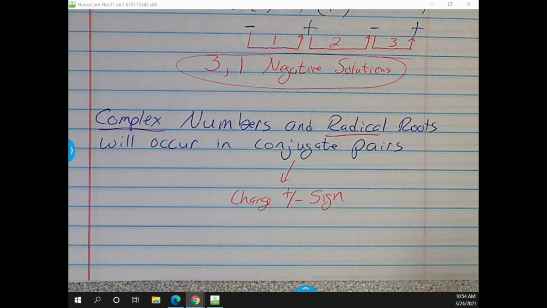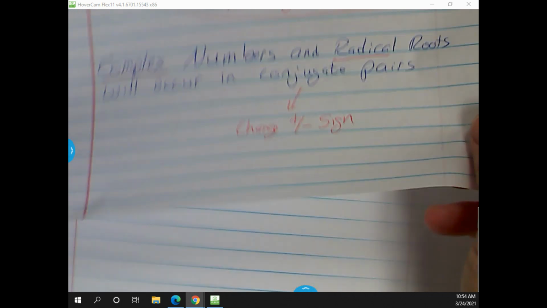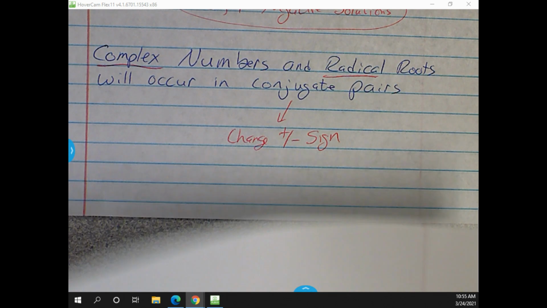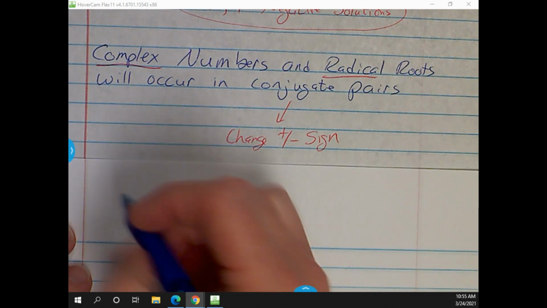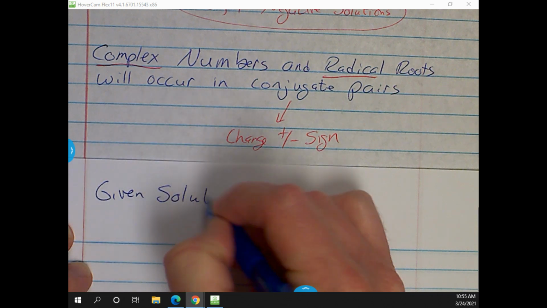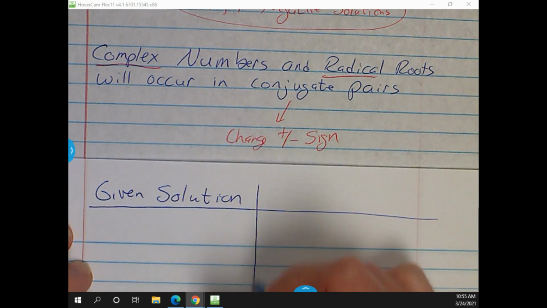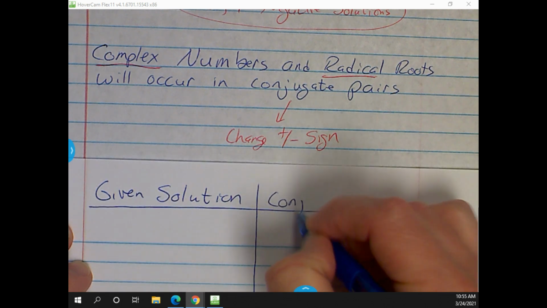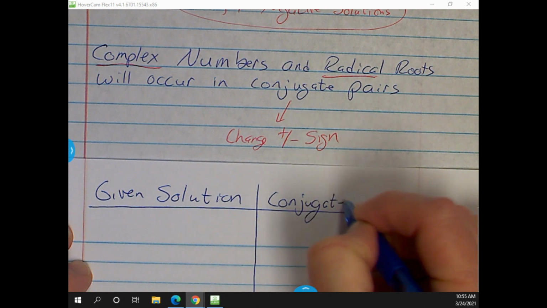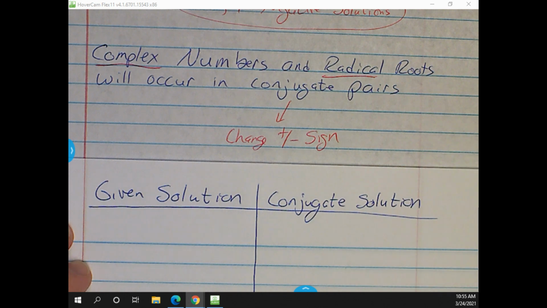All right, so what we're going to do is just to give you an idea of this one. Let me give you some of these to make sure we've got it, and then we'll show you how this would go. So let me say I'm going to give you a solution here, and then you tell me what the conjugate solution is.